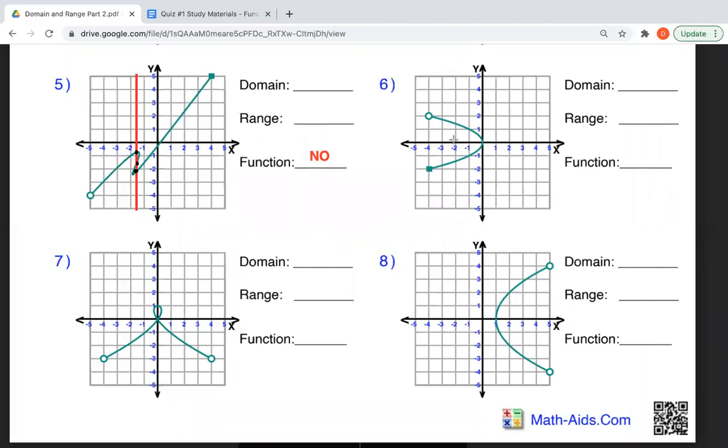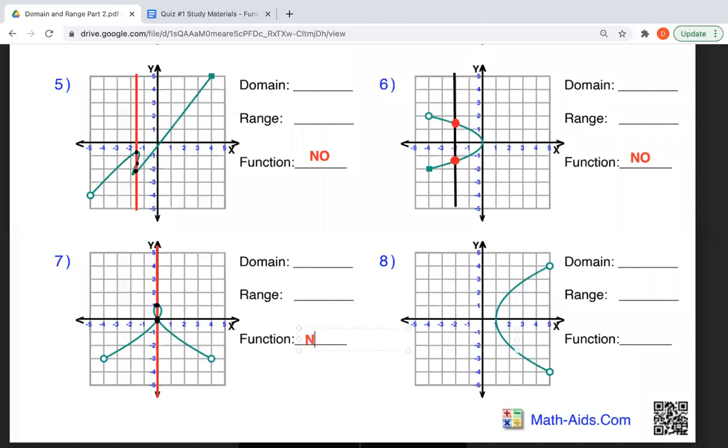For number 6, if I draw a vertical line there, it passes through here and here. That's also a no. Number 7, if I draw a vertical line right down the middle, it passes through it at 1 and at 0.